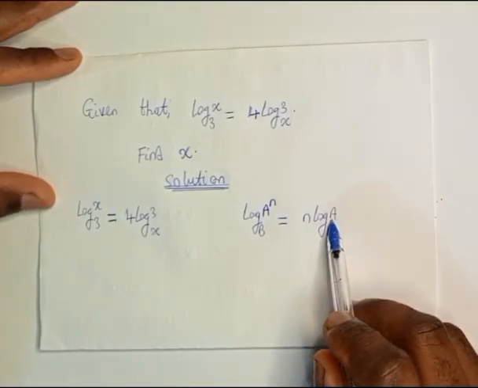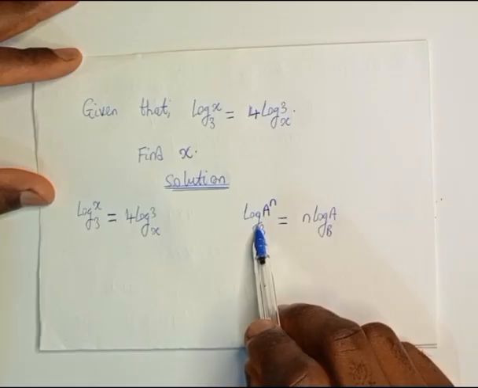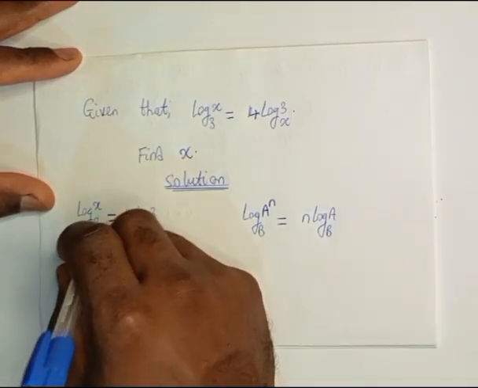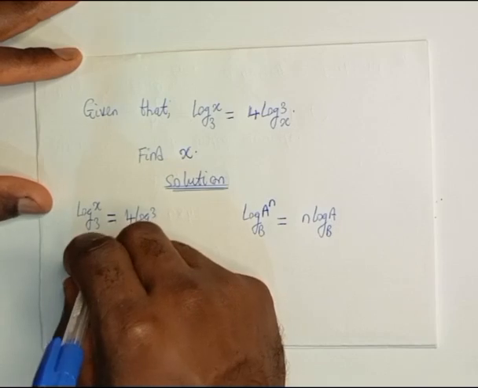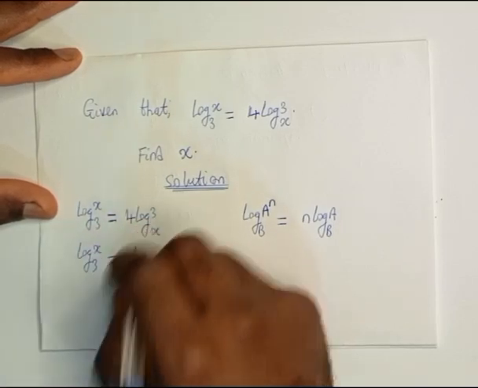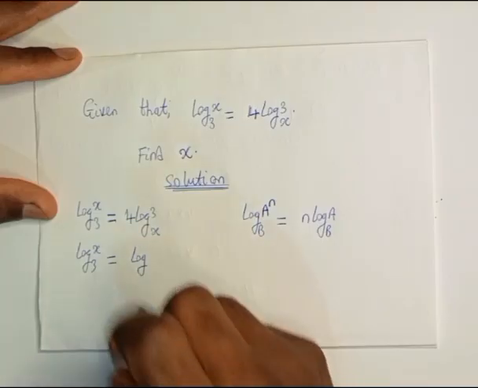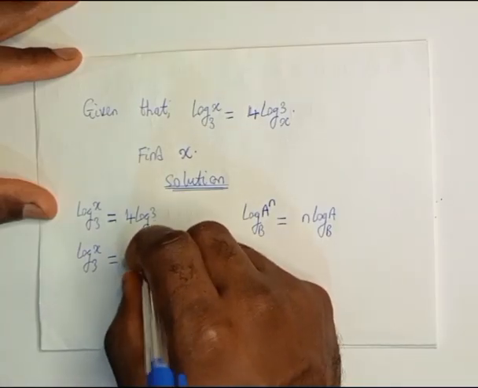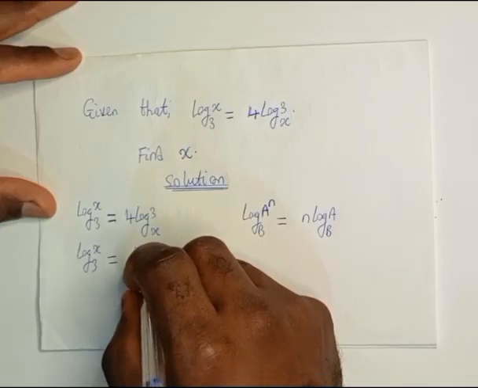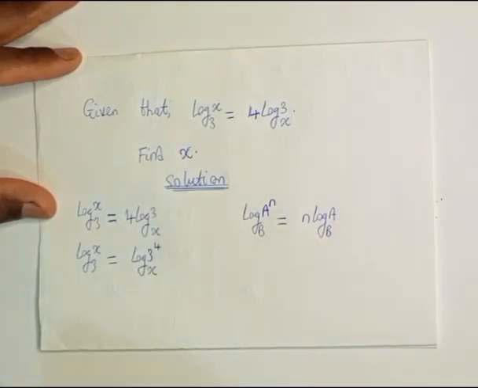From the right hand side, going back to the left, this will give us log x base 3 to be equal to the log of 3 raised to the power 4 base x, applying the law of power.